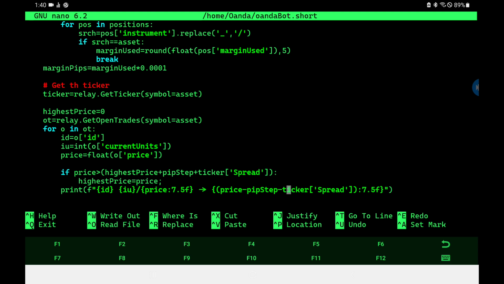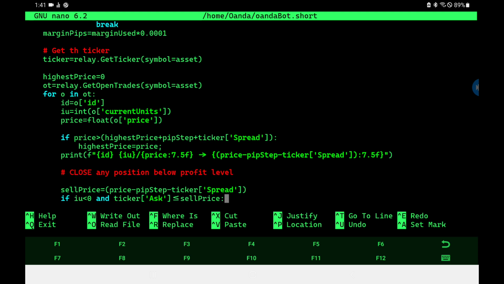And we also need to make sure we take into account the spread. We want 5 pips of profit. So we need to make sure that our 5 pips take into account the spread that exists right this minute. It's a simple process that just does well.